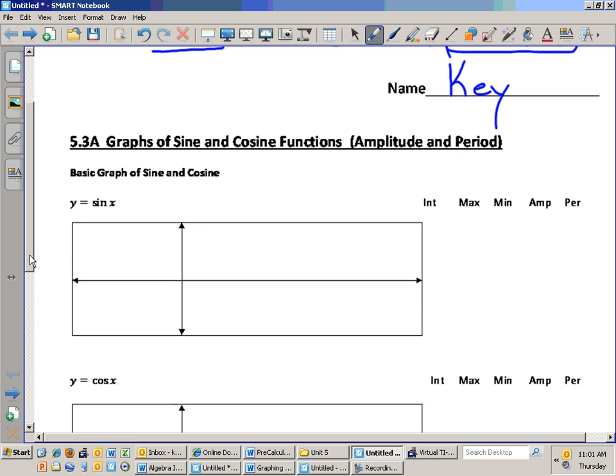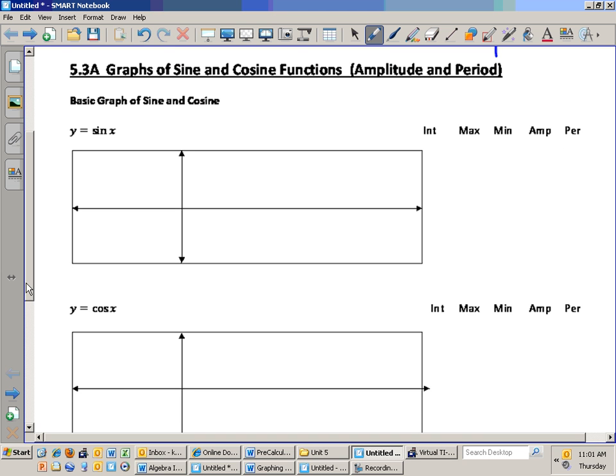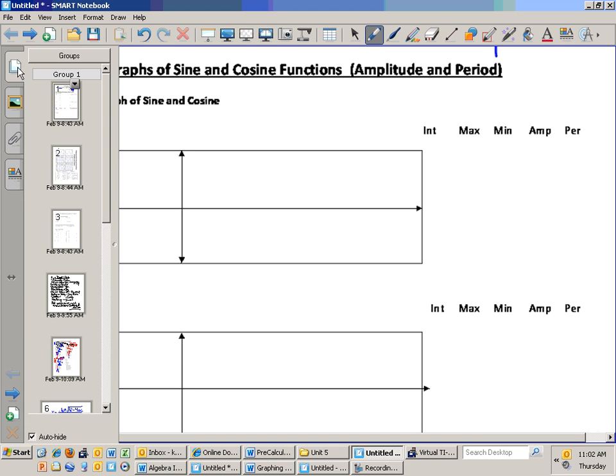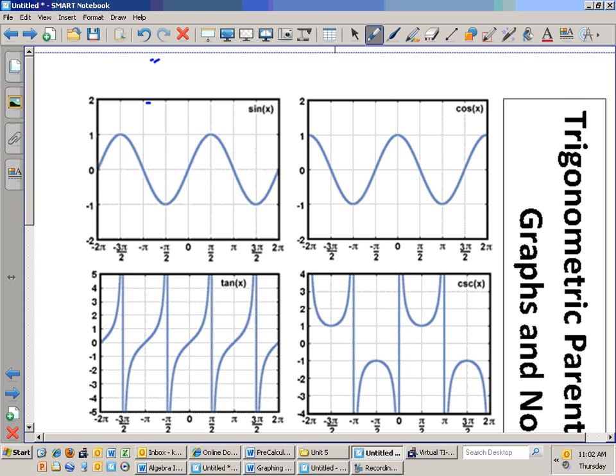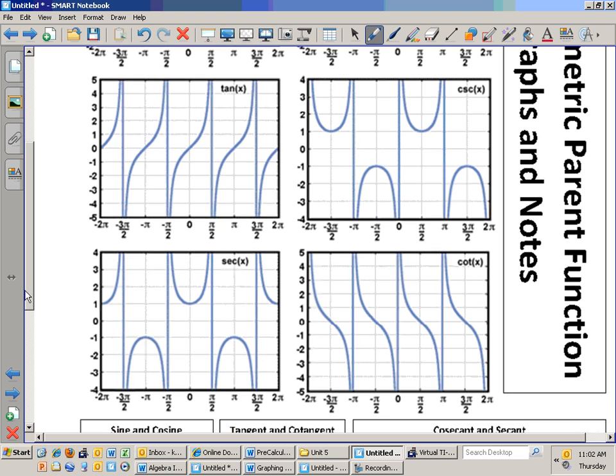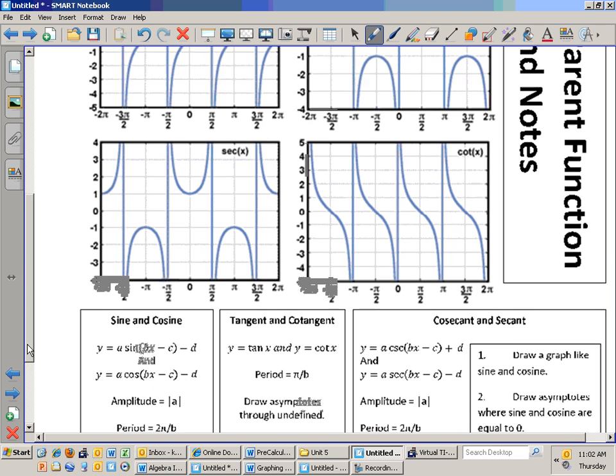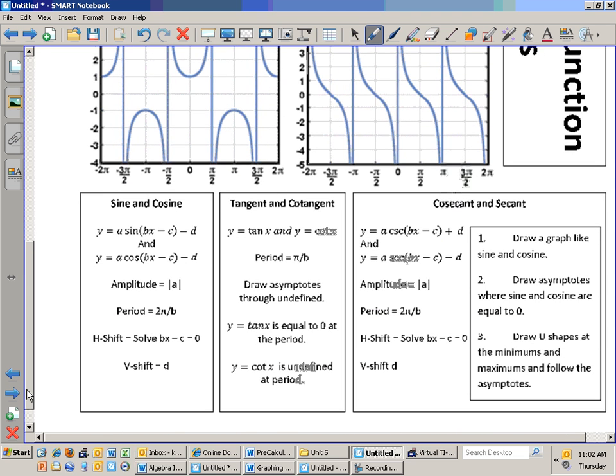So, let's look at the basic graph of sine and cosine. You need to have out a couple sheets. First of all, as you look to the back side of this, you'll see this sheet that says trigonometric parent function graphs and notes. This will be the notes that you're provided with on the test that you will take in the next 8 days or so.